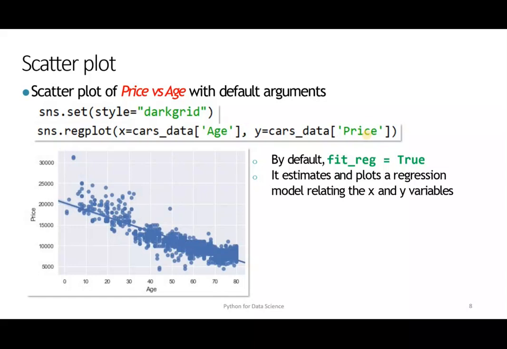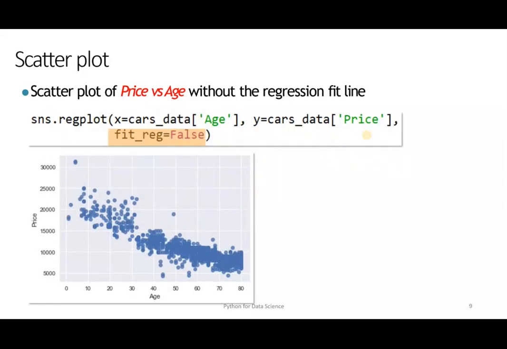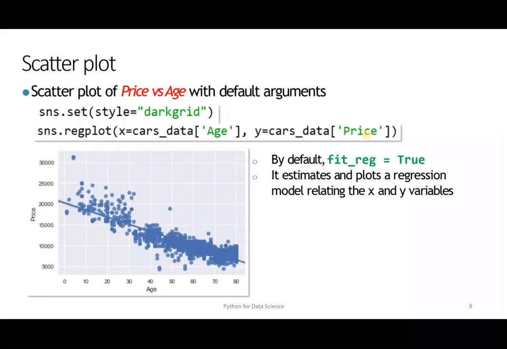So here you can see the output that you will get by setting the style as darkgrid and giving x as age and y as price. So this is through the default arguments.